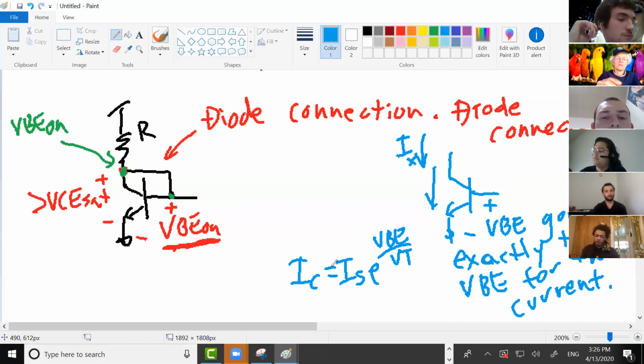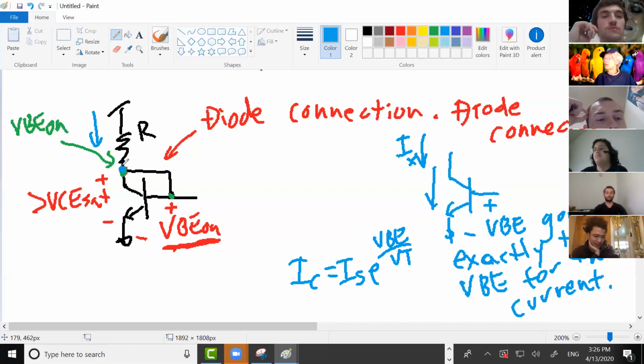Okay, so let's say I wanted to have a particular current, approximately a particular current through that resistor. I know the voltage at this end's about VBE on. How do I get that current? Another slightly random question, but this is the information you have.